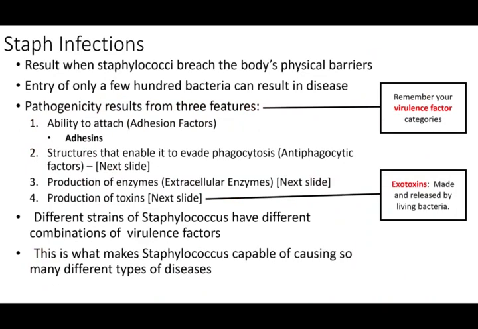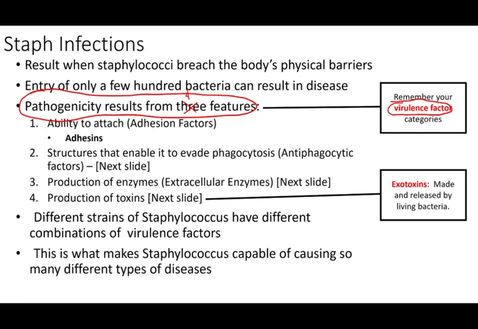So the reason why Staphylococcus can cause disease is because of topics that we talked about before. I'm not sure why I have 3 here because I have a list of 4. Sorry about that. And these are known as virulence factors. So remember the categories of virulence factors that we saw in a previous lecture entitled infectious disease.